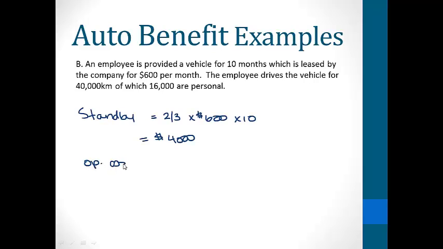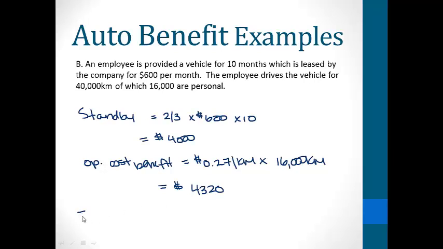My operating cost benefit is still going to be the 27 cents a kilometer times 16,000 kilometers. And I get 4,320. So my total auto benefit in this example is $8,320.